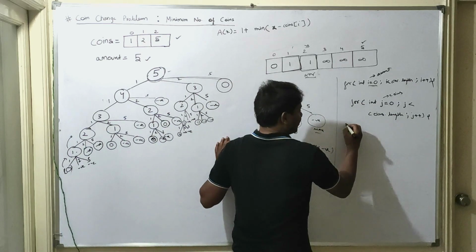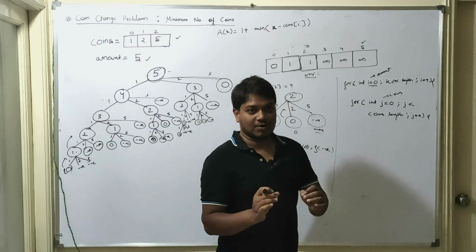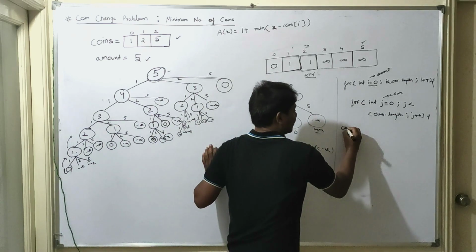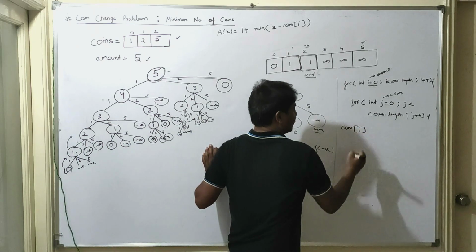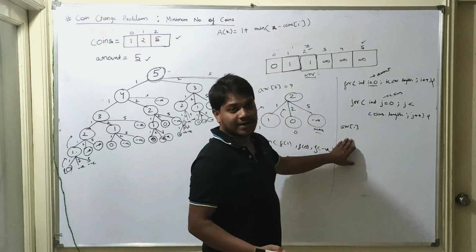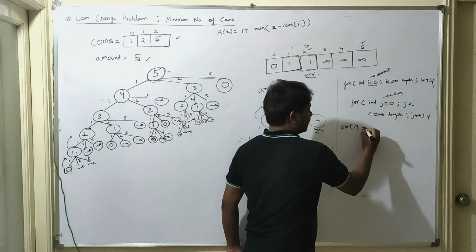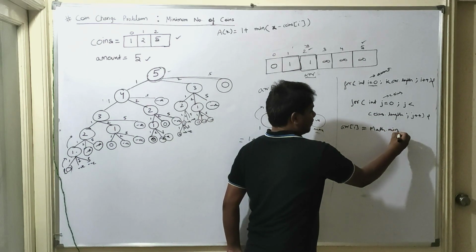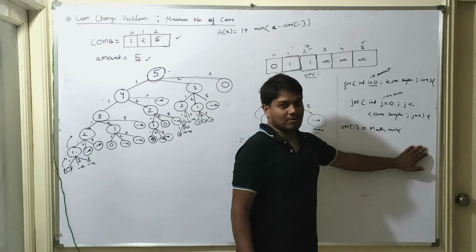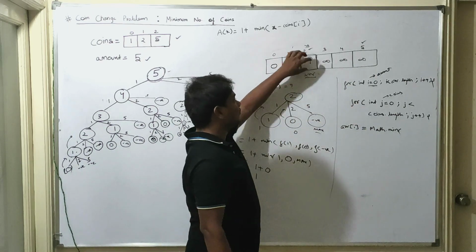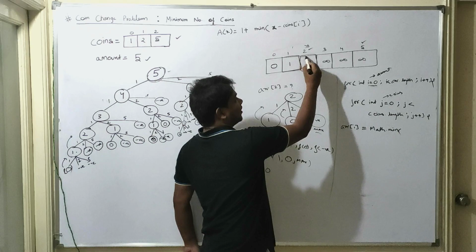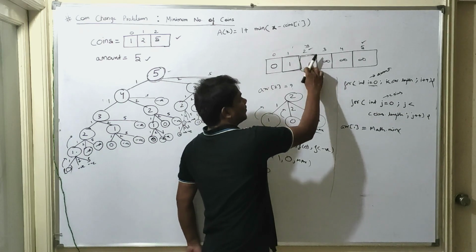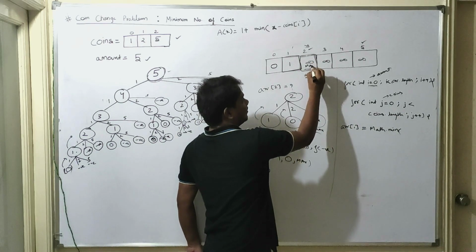Now what do we want? We want the minimum out of those coins. So arr of i equal to Math.min of whatever we have stored over here. Suppose it was infinity, that is some maximum value.